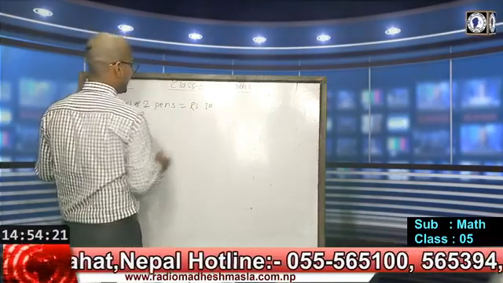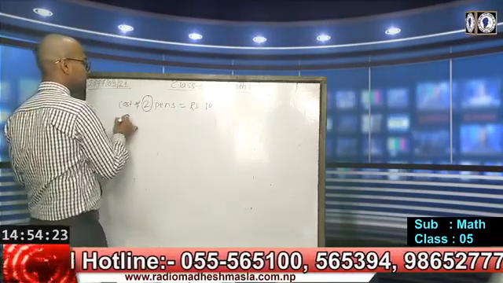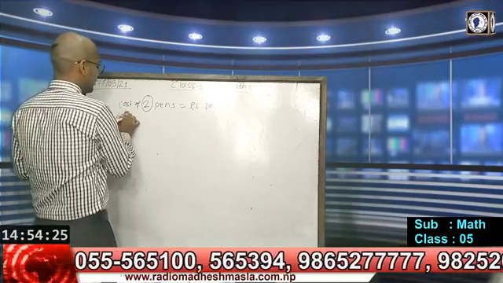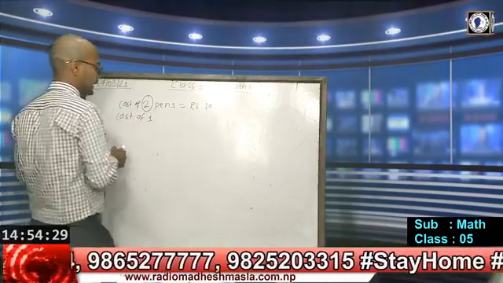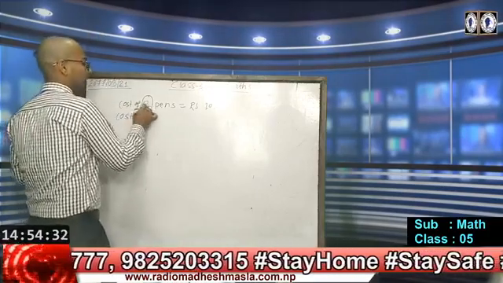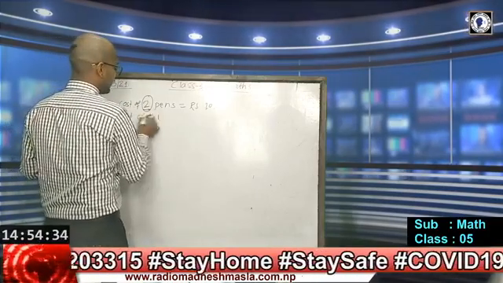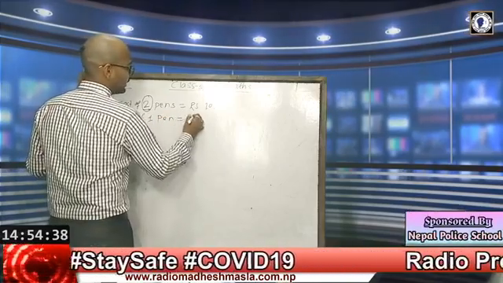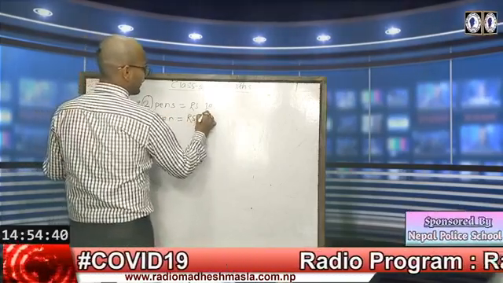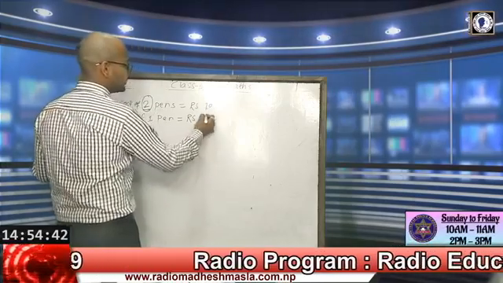In Rs 10 we can buy 2 pens. So 1 pen can be bought for how many rupees? The cost of 1 pen is equal to Rs 10 by 2.